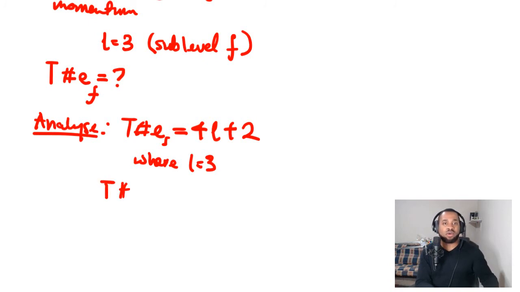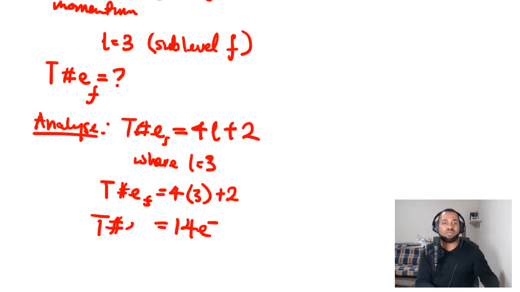Therefore, our total number of electrons in our specific F sublevel or subshell is equal to 4 times 3 plus 2, which is equal to 14 electrons, as the total number of electrons for angular momentum equal to 3, which in this case is equal to L.